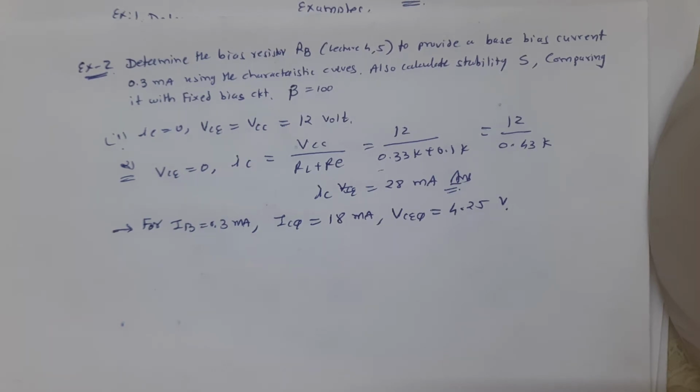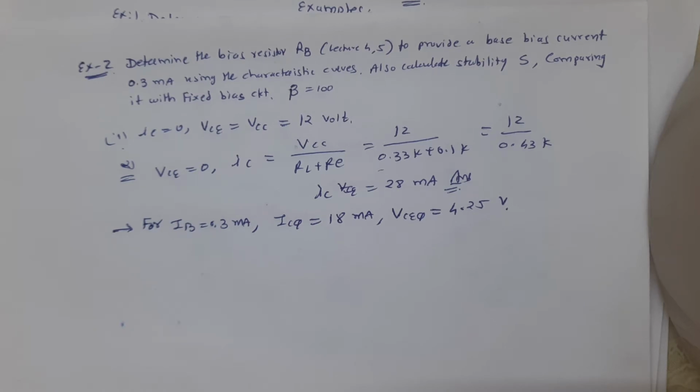To operate at the same quiescent point, the Q point, the value of VCC would have to be increased if RB is kept constant. Or we can say RB must be increased if VCC is held constant. Either way, a drop in efficiency is the price one pays for the increased stability.